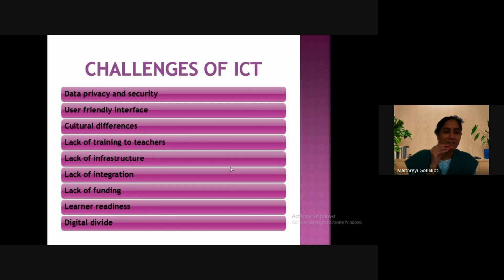And next is lack of integration. There should be integration of ICT as well as conventional teaching. It should go side by side. We can't have ICT sessions separately, isn't it? ICT should be integrated along with our day-to-day teaching.